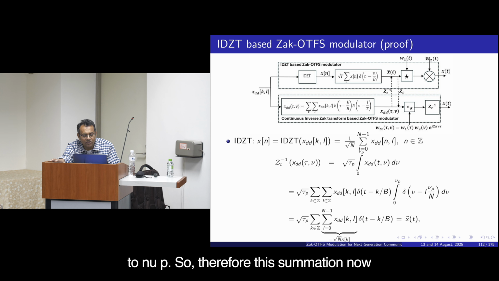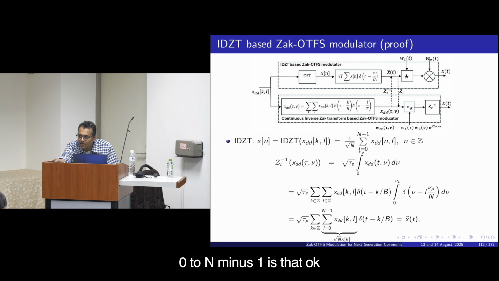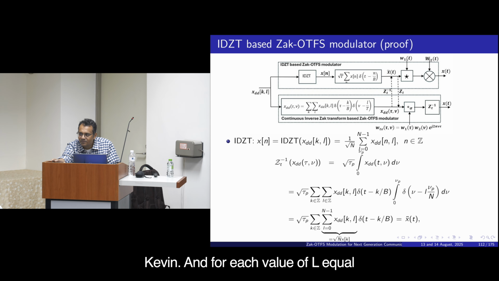So, this summation now becomes a finite summation from L equal to 0 to N minus 1. Is that okay, Kevin?